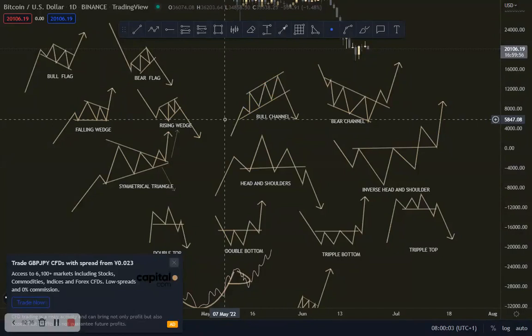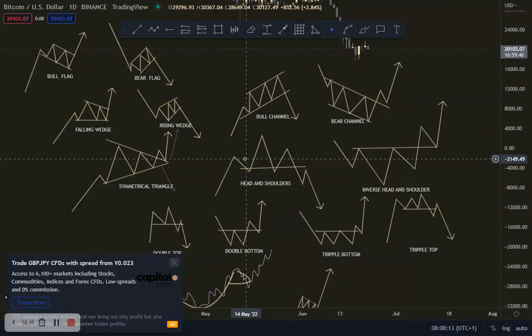You might see this pattern this week, and when you come to the chart to trade again next week, for example, this head and shoulders, you might see this pattern today, being Wednesday. And when you come back tomorrow, or next week, you might still see the same pattern, right?